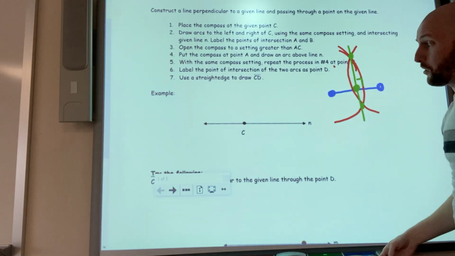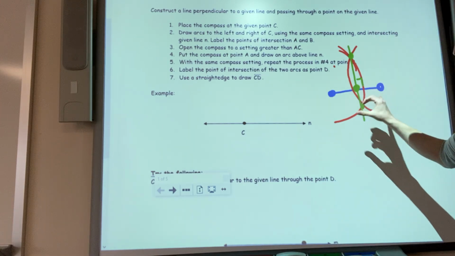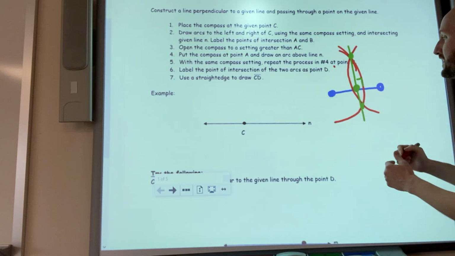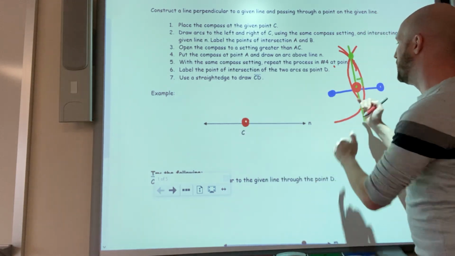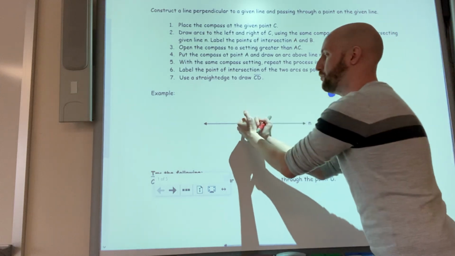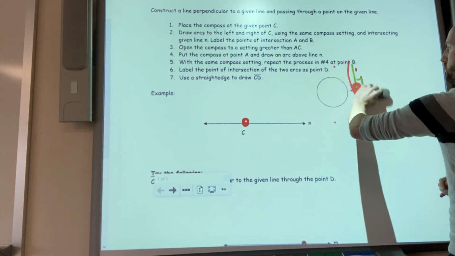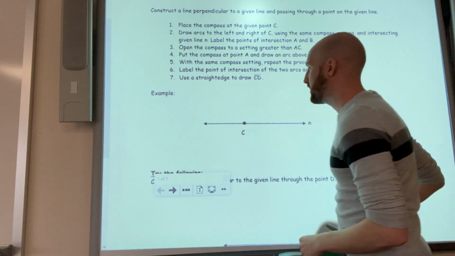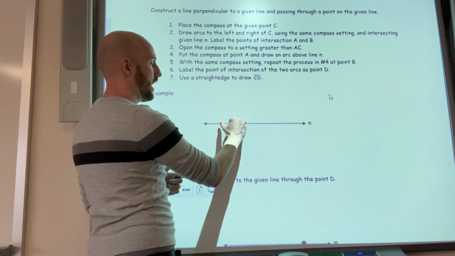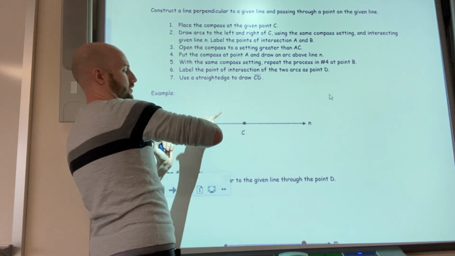Now the goal of the problem is to make 90 degrees. It's a very similar setup, but the main thing is that this point here needs to be the midpoint of two other random points. So we start, as the description says, by opening up your compass to anything that doesn't go past this, because you don't want to go past and then not be able to see it.